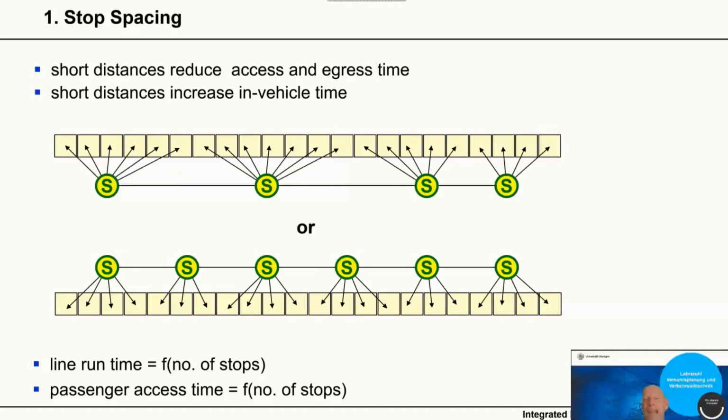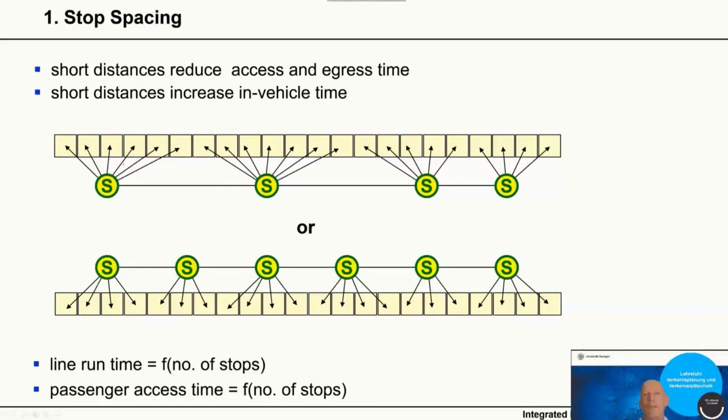So today you have to live with the concept where planners do it out of experience. But of course, what planners know, like the mathematicians, is that if you have few stops, people need to walk longer.